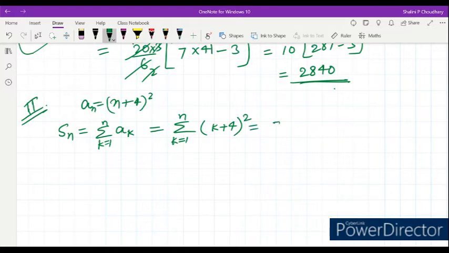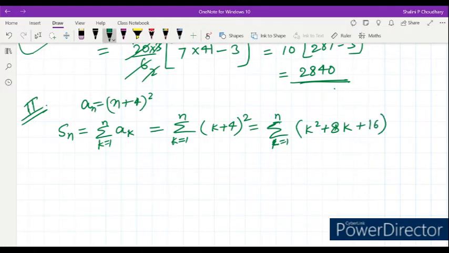So this will be equal to summation of k is equal to 1 to n of k plus 4 whole square. What will be the value of k plus 4 whole square? It will be k square plus 2ab, so 2 into 4 into k, so 8k, plus 4 into 4 will be 16.